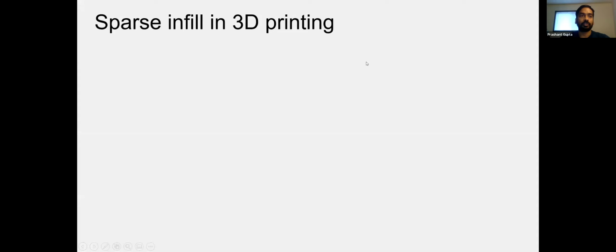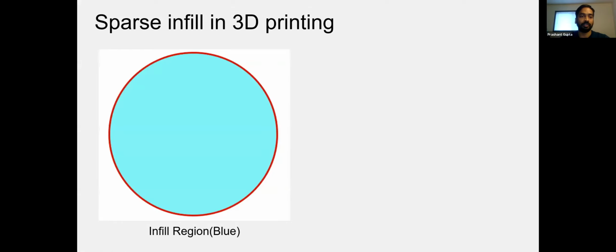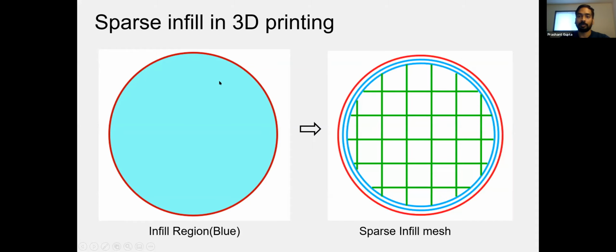So I would like to start with explaining the setting of our problem. The setting of our problem is sparse infill. Let the region in blue be what we are trying to fill. Then sparse infill, as opposed to dense infill, is when we are printing material only along the edges, which means basically we can call it a graph or a mesh. So we are calling it a graphical model.